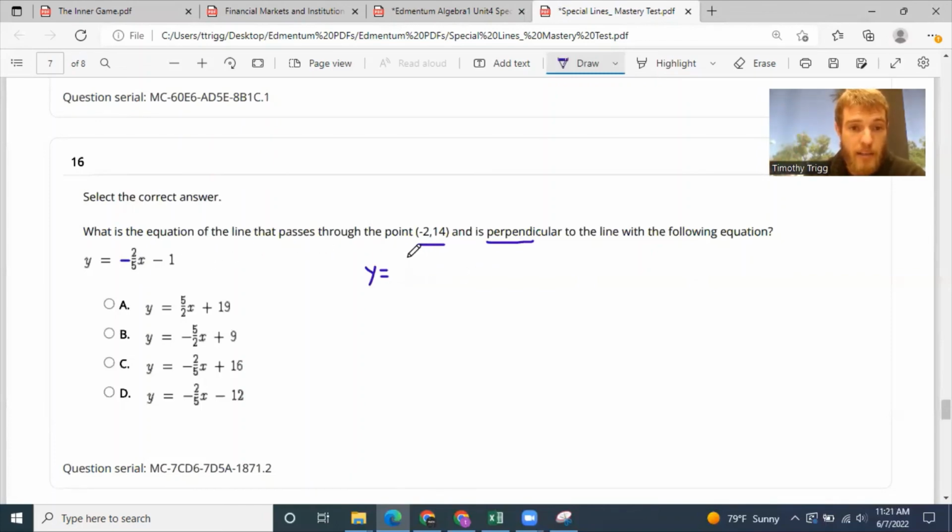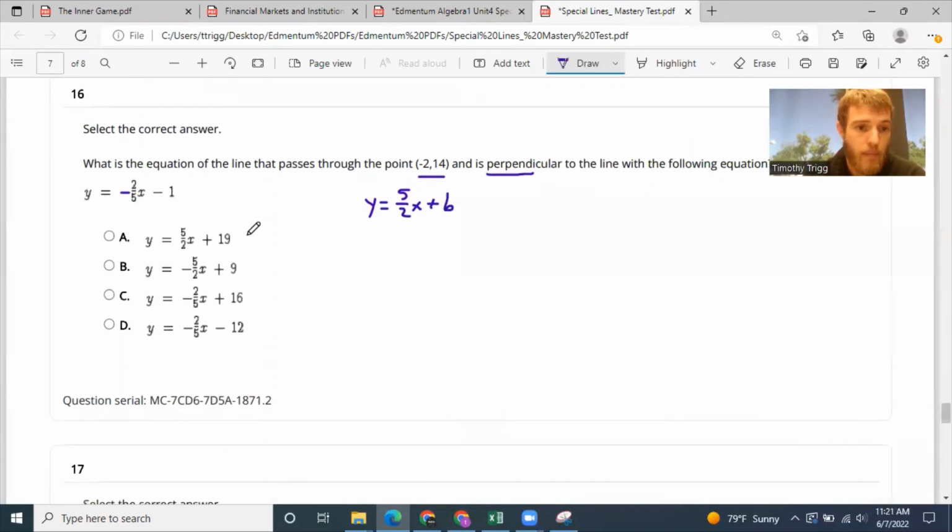So positive 5/2 x, and then plus some y-intercept. Okay, plug in the coordinate points. So it's either A, well, I guess it has to be A because it's the only one that has that correct slope. So A will be the only one that's perpendicular to this.